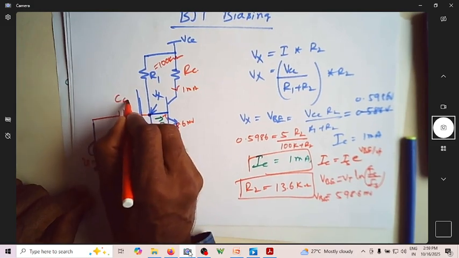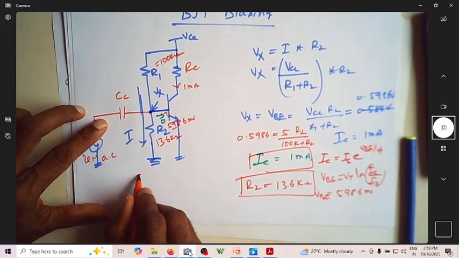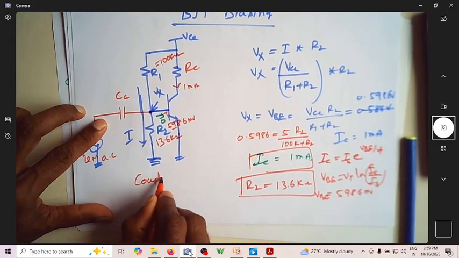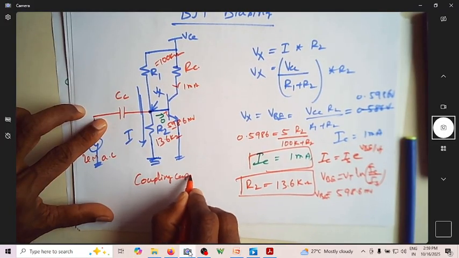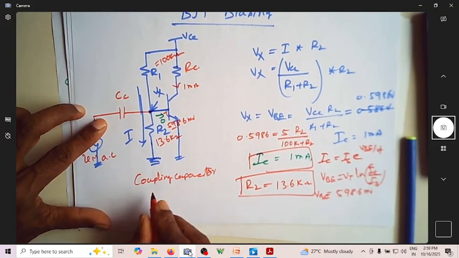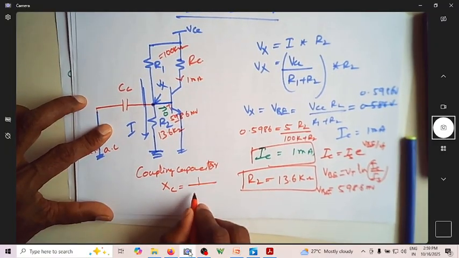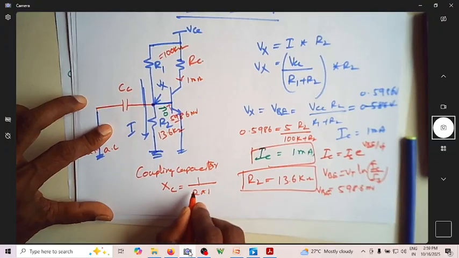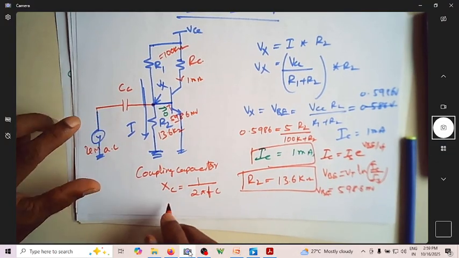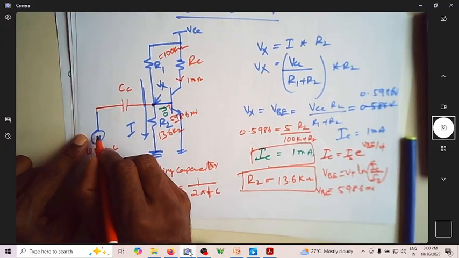So this is CC, called the coupling capacitor. We know that XC, the reactance of a capacitor, is given by 1 over 2 pi FC. Now assume that it has got some DC.